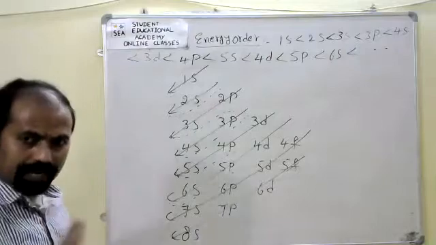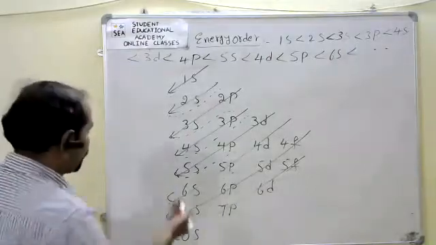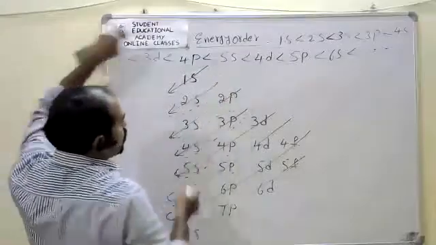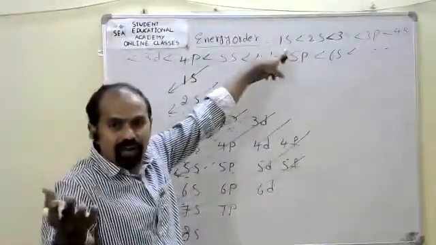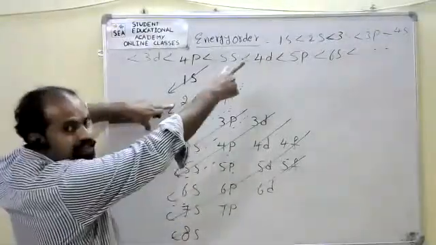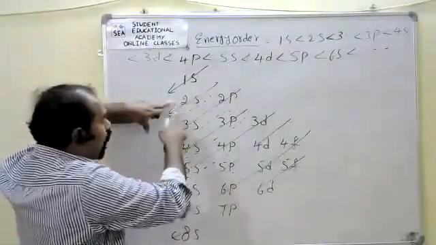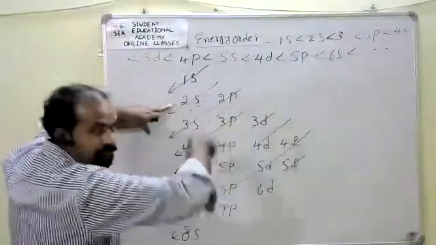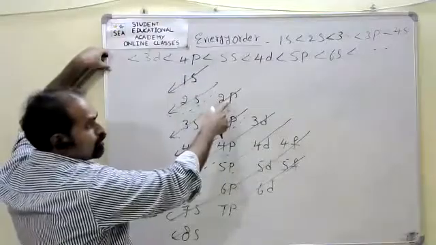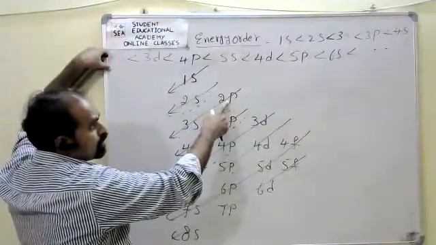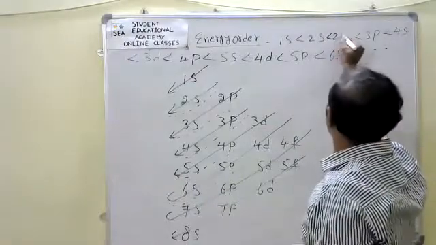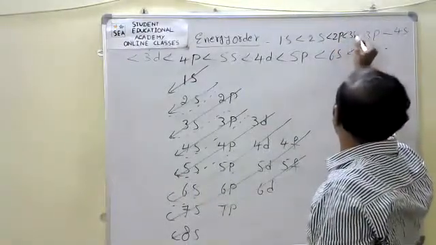Say whether it is correct or not. How can we say? First, 1s is the lowest energy. Otherwise, you find out the n plus L value. 1s, followed by 2s, then 2p, followed by 3s.